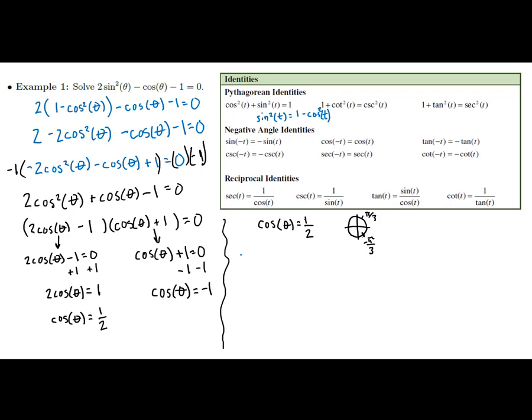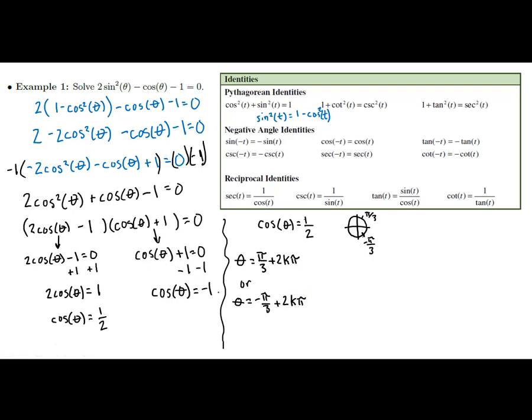So we get theta is pi over 3 plus 2k pi, or theta equals negative pi over 3 plus 2k pi.